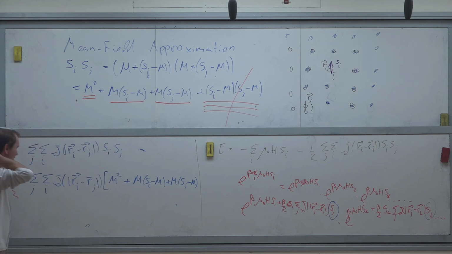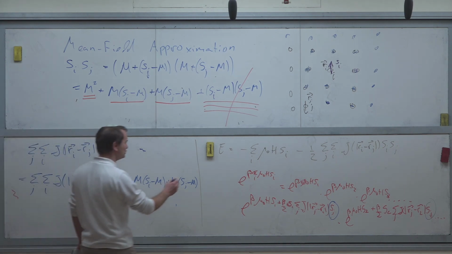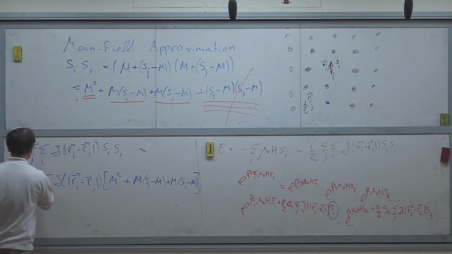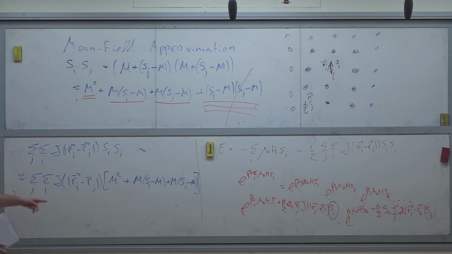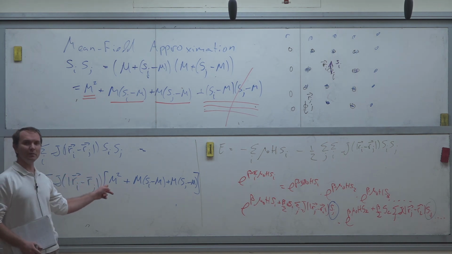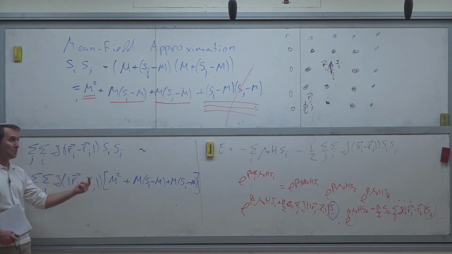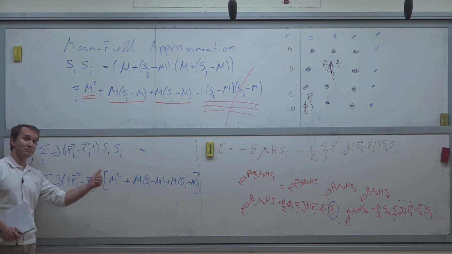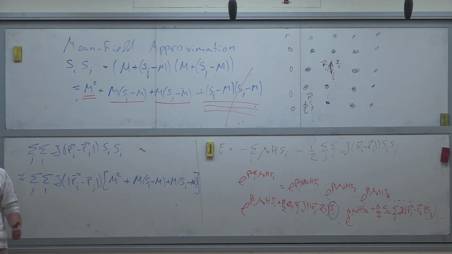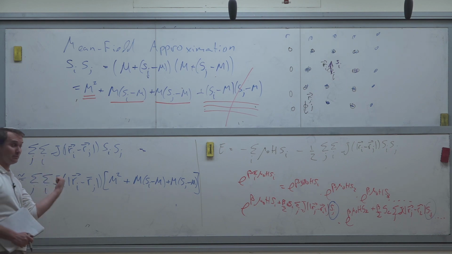So you can already see that this is somehow solvable. Why is it solvable? Because we do not really have a double sum anymore. There is no Si Sj. And if there is no double sum, we can definitely get back to the solution of a non-interacting system that we have done previously.